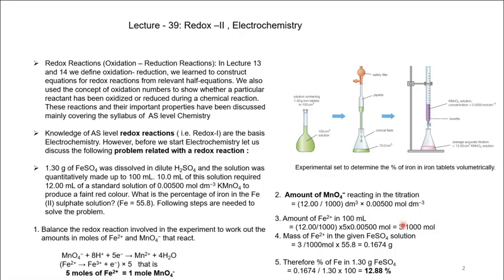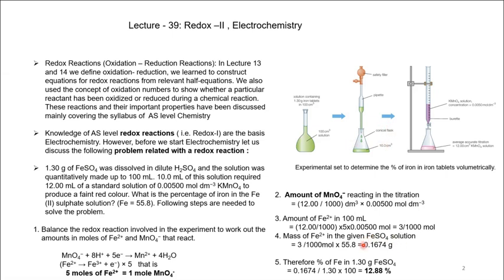Now, to get it in gram, we multiply by the atomic mass of iron, and that's what we are doing here, and we get the gram here. So this is the mass of iron 2 we found by experiment quantitatively.